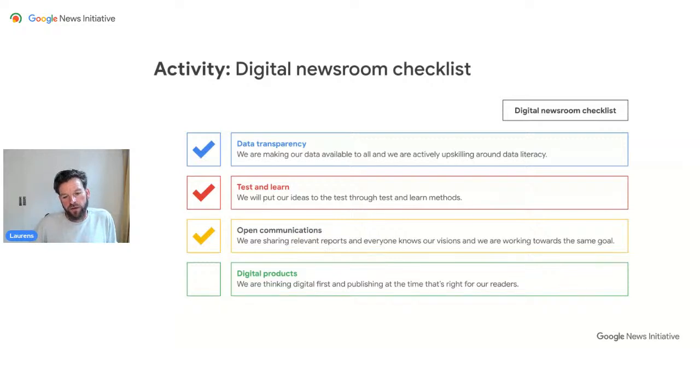And fourth, we are thinking digital first and publishing at the time that's right for our readers. So think about the previous case study by The Times, where reporters could file after print deadlines, and that their audience said, we're not valuing you for breaking the news or keeping us up to date, but having actual accurate reporting, in-depth analysis, and all the values that The Times is addressing and wants to work towards.